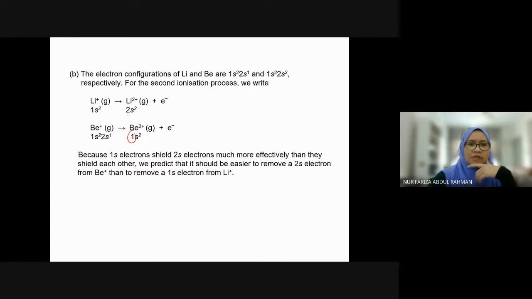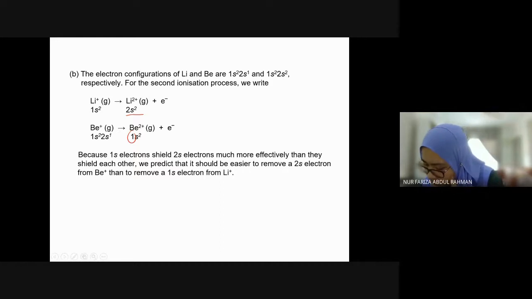Kenapa dia jadi 2s2 dekat sini? Terbalik je ni kot. Ya betul. Betul 1s2. Tapi ni kenapa 2s2?